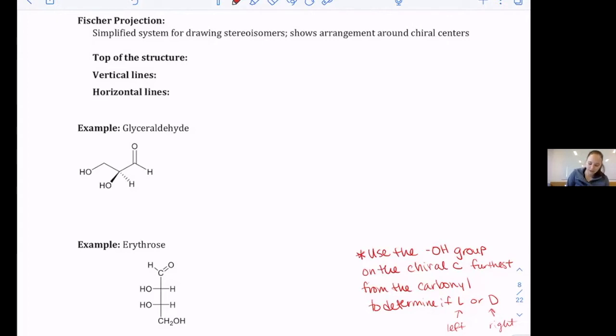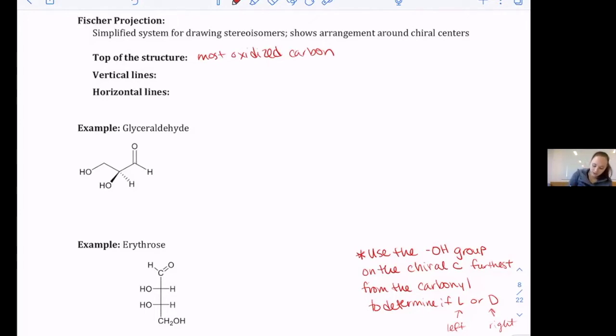So you're going to start: the top of the structure is going to be the most oxidized carbon. So your carbonyl is going to go all the way at the top of your Fischer projection.